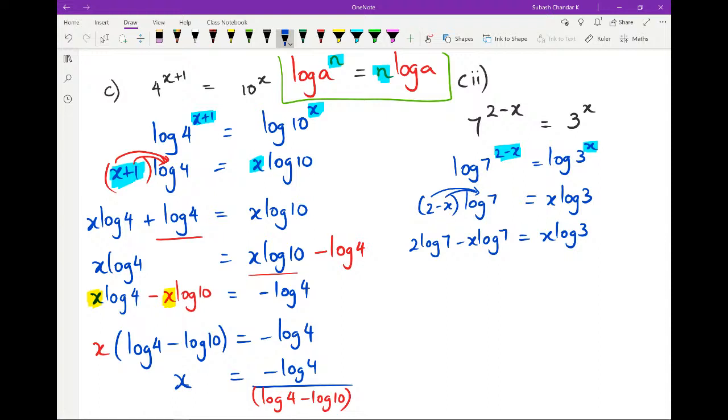Micah, you know how when you rearrange equations and bring things from one side to the other, you change your sign? See how this here is positive x log 10? When I bring it over to the other side, it becomes minus x log 10.